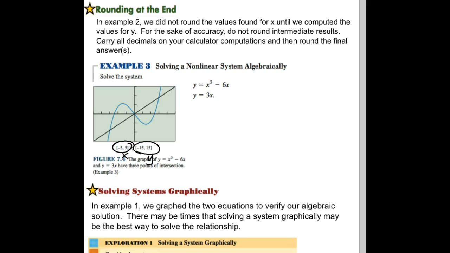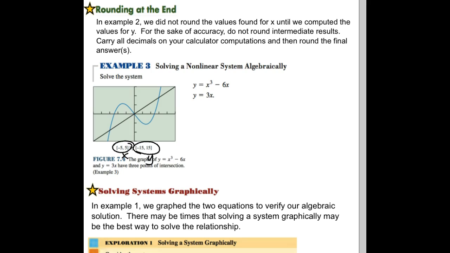In the horizontal direction, the tick marks are just going by 1s, but in the vertical direction, they're going by 5s. If we have to go from 0 to 15 with 3 tick marks, each one is 5 units. How many places do we intersect in this picture? So we should be getting how many answers? 3. We're going to solve this using substitution.